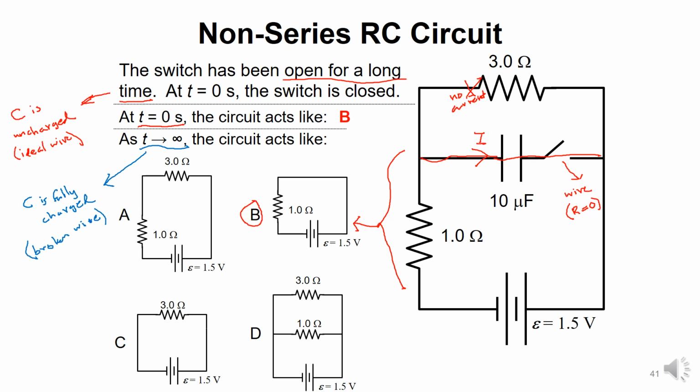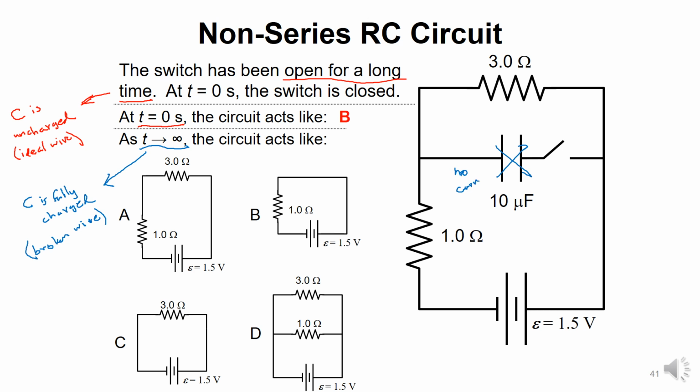So now the capacitor is fully charged, which means it doesn't let any current go through. That's like saying the branch with the capacitor doesn't exist, because there's no current flowing through it.